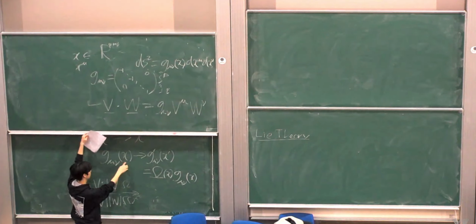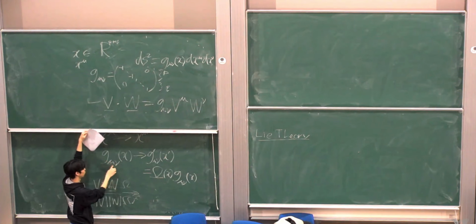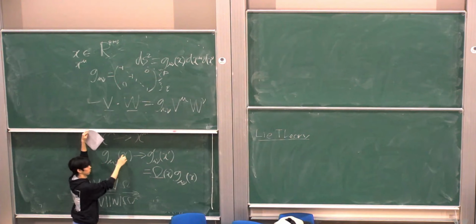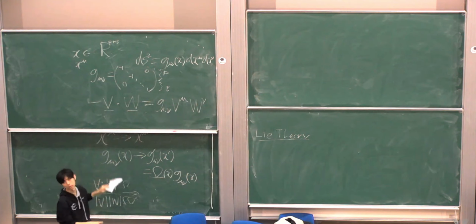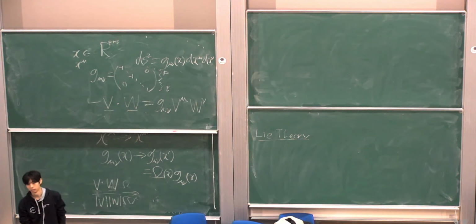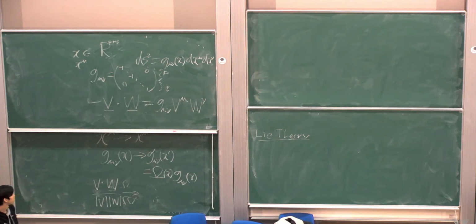And here I'm saying the mu-th component of g depends on the vector x. So this is a map from the mu coordinate of an element in space-time. What are the domain and codomain of this map?